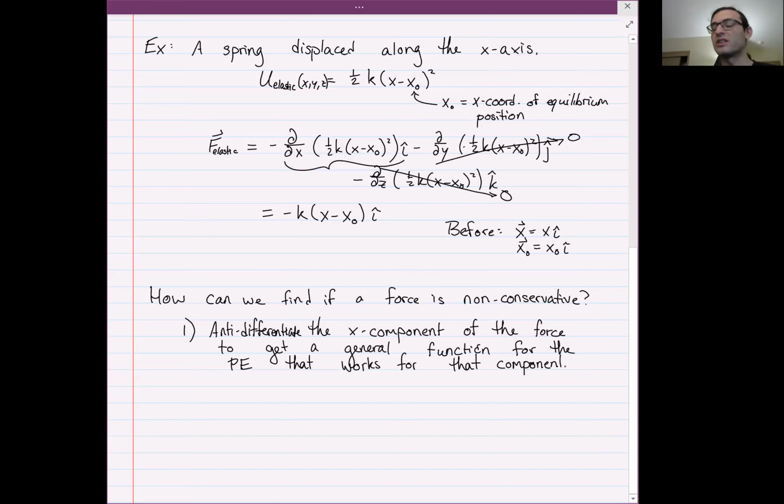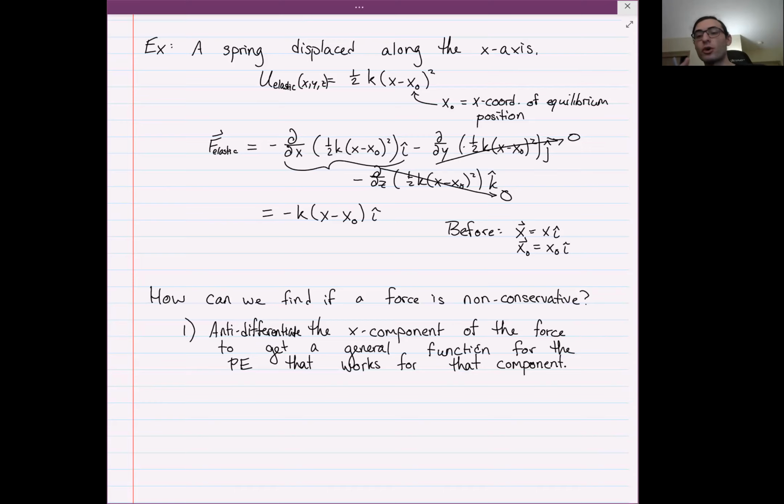So the first thing is noting that if there is a potential energy function for the force that you're investigating, then taking the partial derivative with respect to x will give you the x component of the force.